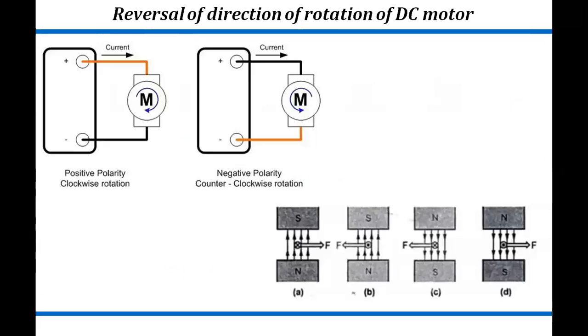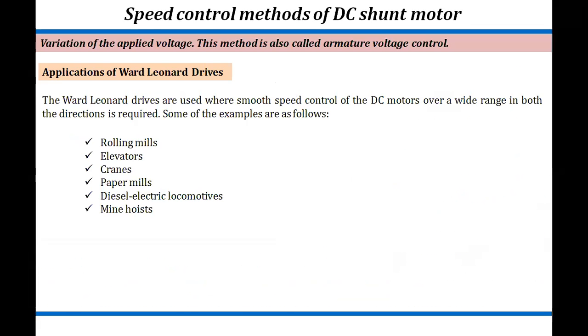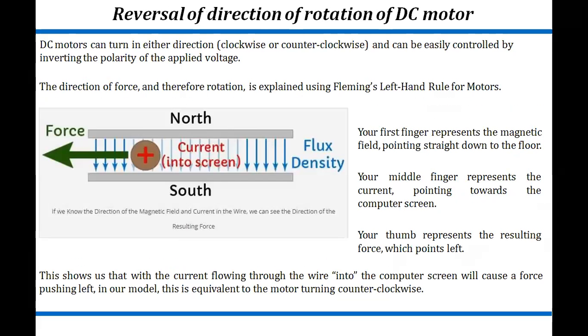So in today's session we have seen how to reverse the direction of a DC motor. To reverse the direction of rotation of a DC motor, we can use Fleming's left hand rule.